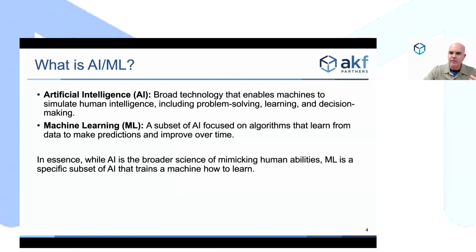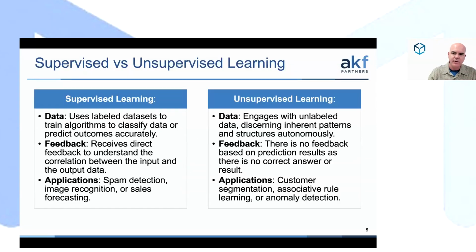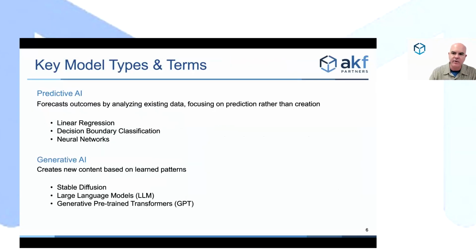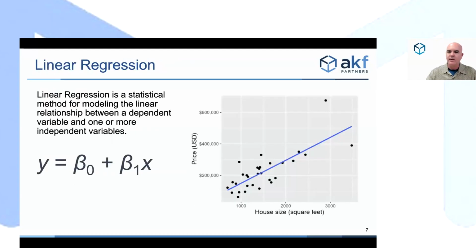Going back, am I trying to learn what's happening, or can I just define a rule? If I need to learn, do I have data that is labeled that I can give it a bunch of things and test the answer right or wrong, or do I need to detect patterns? And then am I trying to predict something, or am I actually trying to create something new? Those are the flows that you'll go through as you're looking.